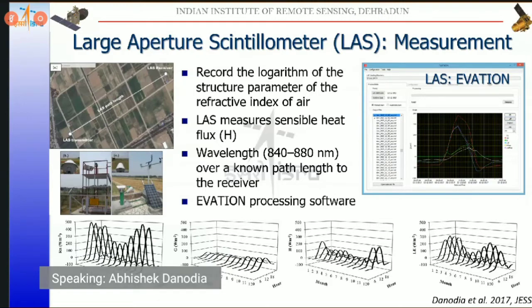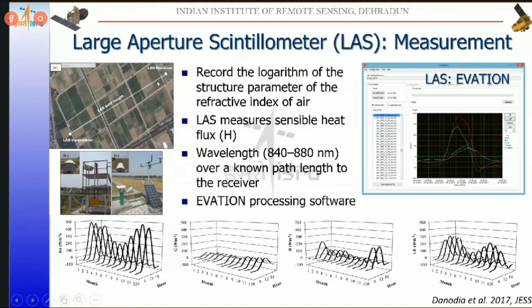A large aperture scintillometer is a peculiar instrument which has a path length of around 990 meters. Here, we installed it at the farm of IARI in a collaborative project with IIRS and IARI New Delhi.